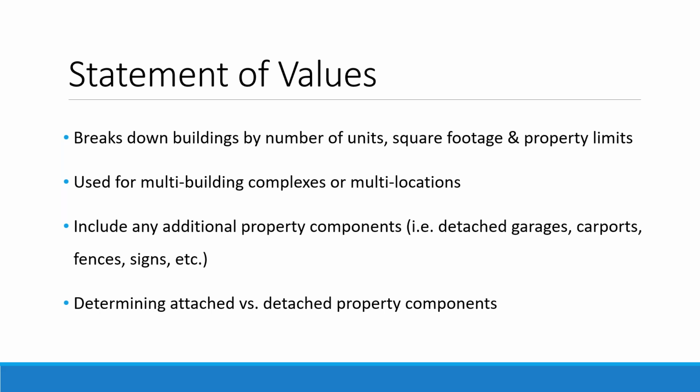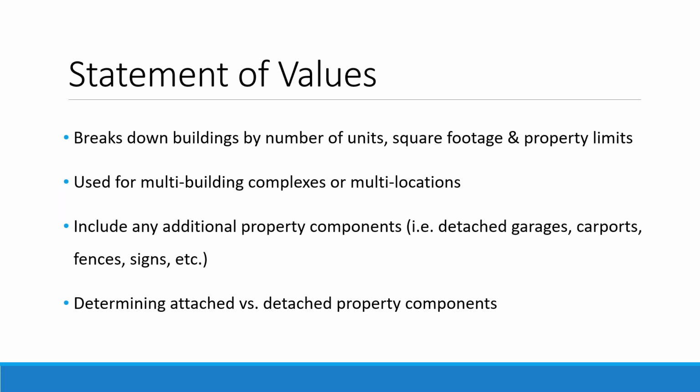What I'm looking for at minimum to include is the number of units, the square footage, and whatever property limits you're looking for, as in the building limit per building, the BPP limit per building if that's needed, and the business income limit. Like I said, you can use this on multiple buildings schedules, or you can use it on multiple locations. So say an insured owns 3 or 4 locations, and each one has a varying number of buildings. This would be helpful as well.